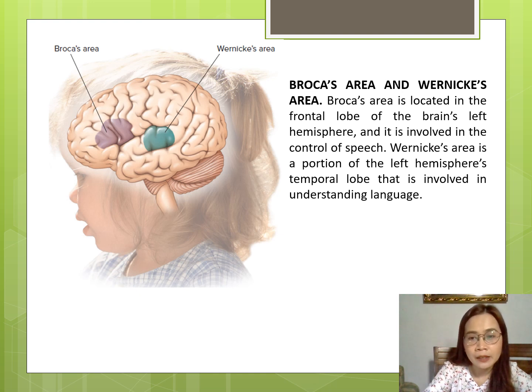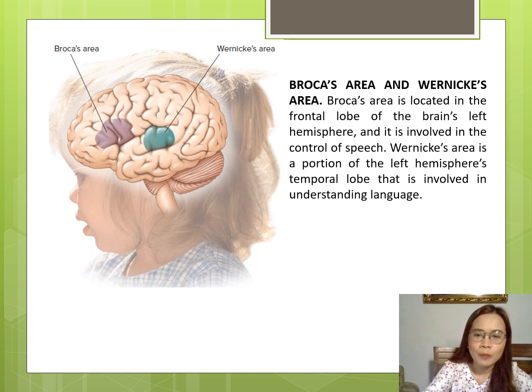And the Wernicke's area is in the temporal lobe located near our ears. Dito naman it processes the information, so that we can understand, we can comprehend what the person is saying, di ba?